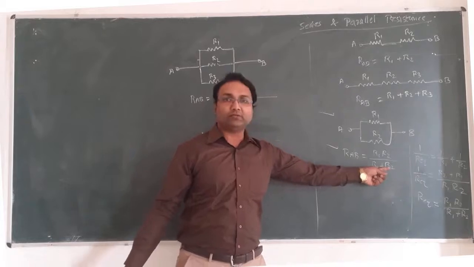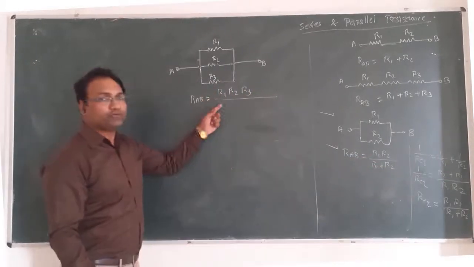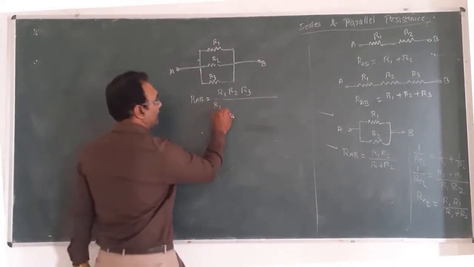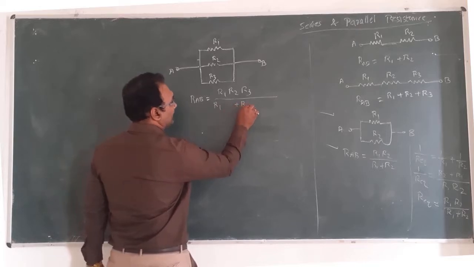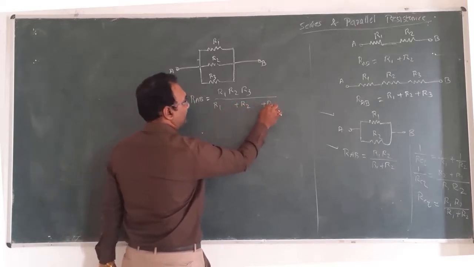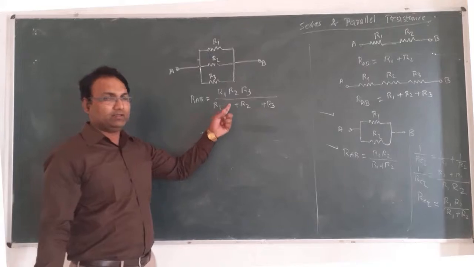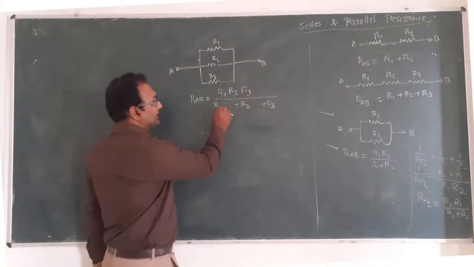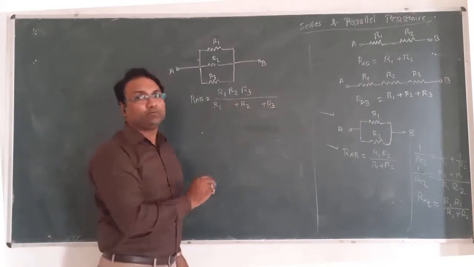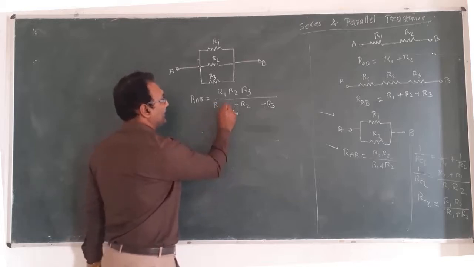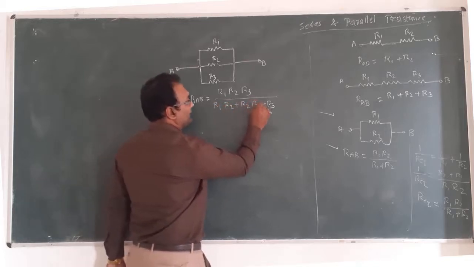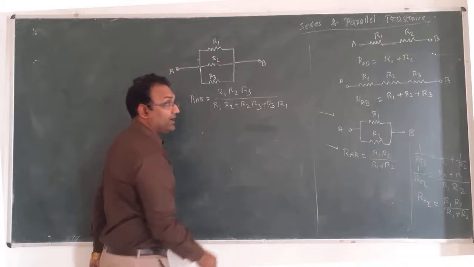R1 plus R2. So what should we do? R1 plus R2 plus R3. Is it correct? I don't think so. Why? It is basically the combination of two resistances. So it will be R1 R2, R2 R3 and R3 R1.